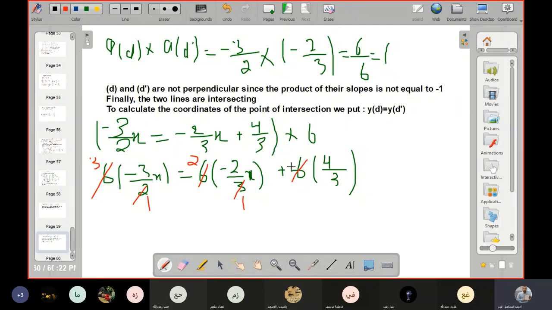The equation would be 3 times minus 3x, which is minus 9x, equal 2 times minus 2x, which is minus 4x, plus 2 times 4, which is 8.